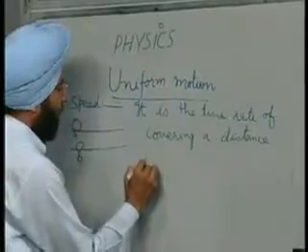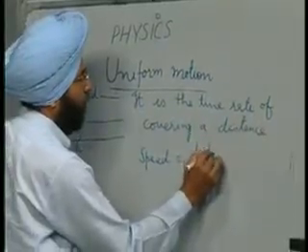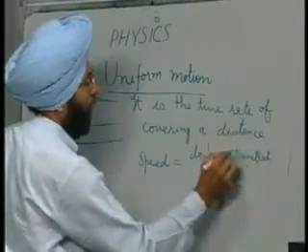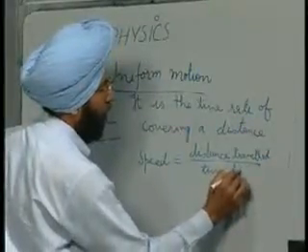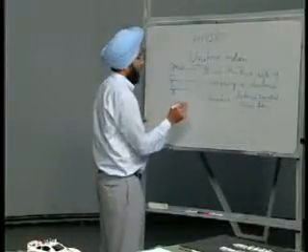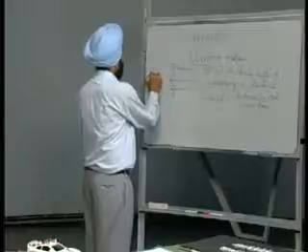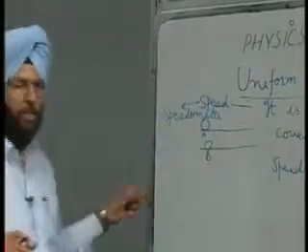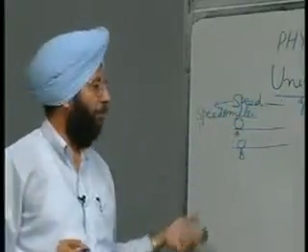Mathematically, we can define speed equal to distance travelled divided by time taken. This speed is the quantity that you see on your speedometer. When you view your speedometer on a running vehicle, it is showing you the speed of the vehicle.